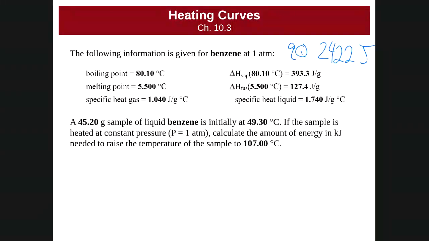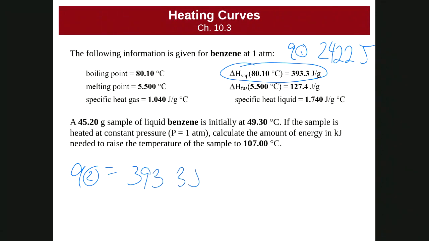All right, so now we're going to Q2. Q2 is going to be the heat required to vaporize. So we want to look at delta H of vaporization. We're at 80.1 degrees Celsius. So it's going to be equal to 393.3 joules per gram. And we're going to multiply by our mass to cancel out our grams.